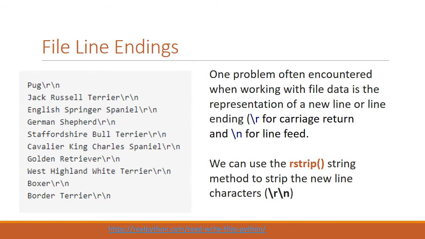These characters can be removed from your input by using the string method rstrip. So the rstrip method will strip the new line characters, the \r and the \n, from the text that was read in from the file.